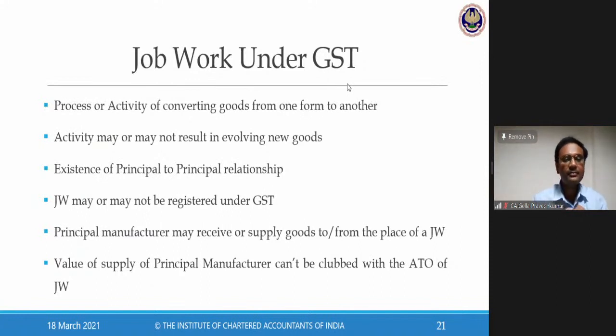I repeat, inputs in semi-processed form, which is called semi-finished goods, are supplied to a third party called a job worker for further processing, and to get back those materials after the job work, or to make a supply from there itself. I repeat, once the activity is done by the job worker, I may get it back or I may supply from there itself. I'll give an example.